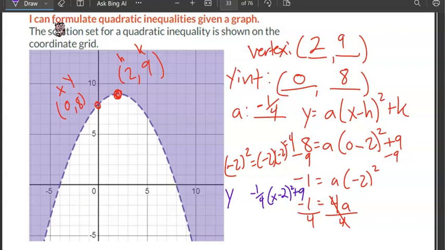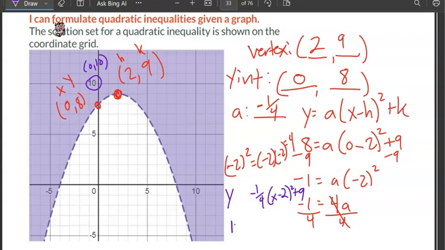Now to find this something, let's plug in a point that's in the shaded region. Let's do this one, 0, 10. And we'll fill in the blank based on if it's greater than or less than each expression.